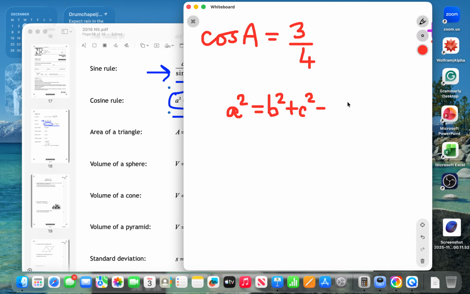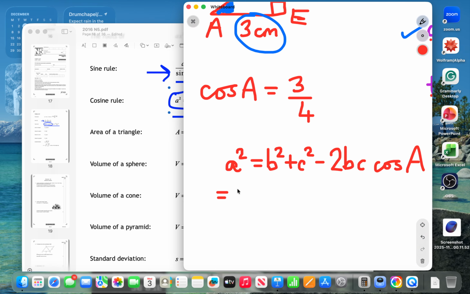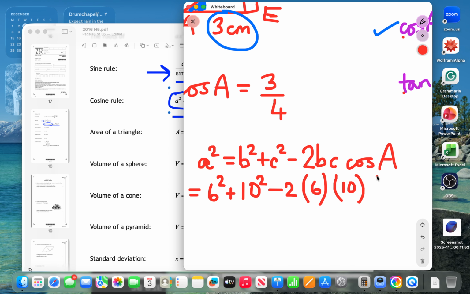Again, we are checking this. So 2BC cosine of capital A, our value of B is 6, C is 10, minus 2 times 6 times 10, and the cosine of A is 3/4.